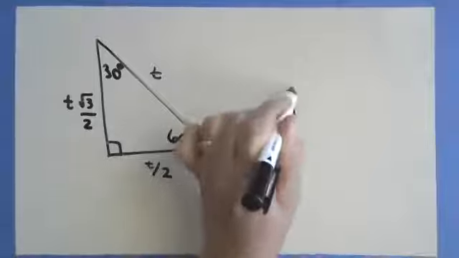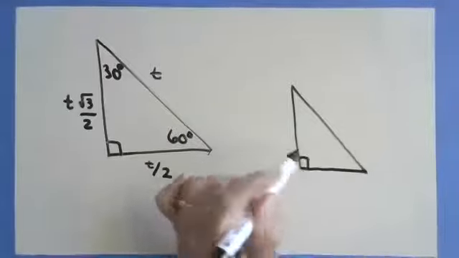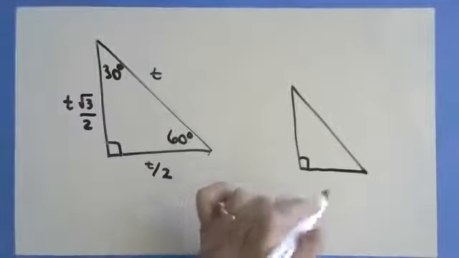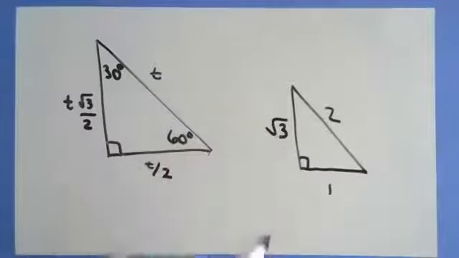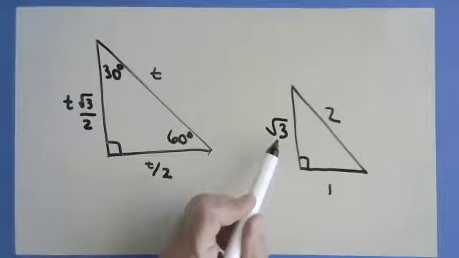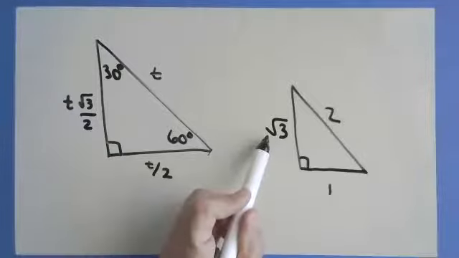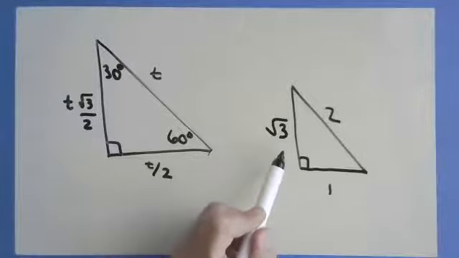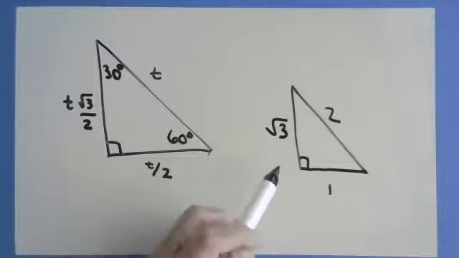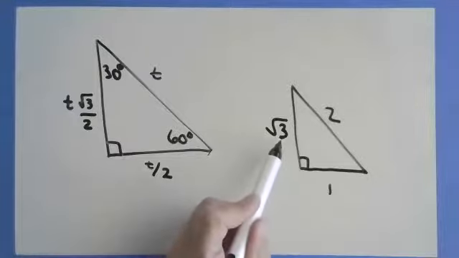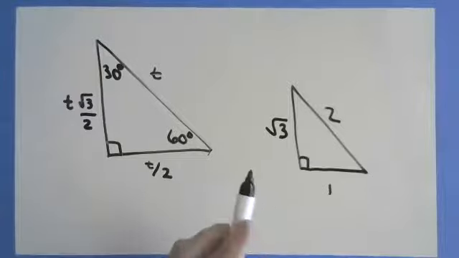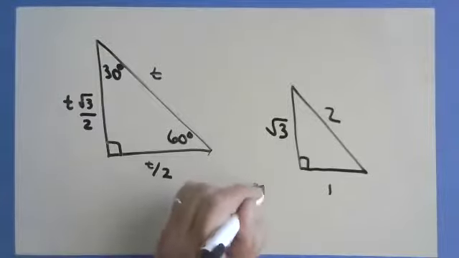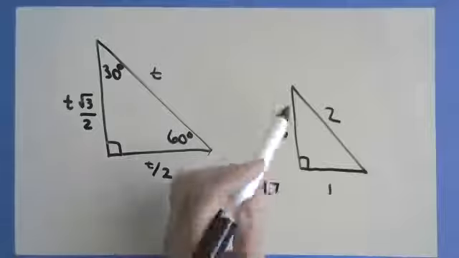When we look at our 30, 60, 90 triangle and we see 1, 2, and the square root of 3, we often look at the 3 and don't think square root. We see the 3 and we react to it quickly. And we quickly judge that the square root of 3 is bigger than the 2. This is false. The square root of 3 is about 1.7, which is less than 2.